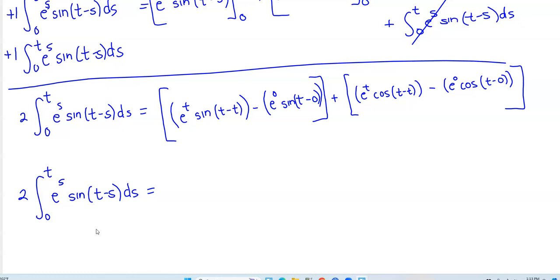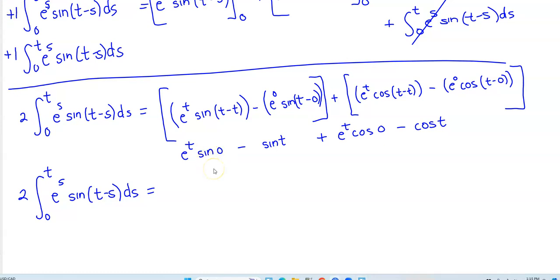So over here, we end up getting e to the t times the sine of 0, minus e to the 0, which is 1, times the sine of t minus 0, which is the sine of t, plus over here we have e to the t times the cosine of 0, minus 1 times the cosine of t.